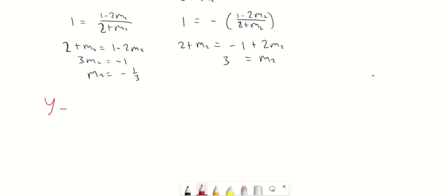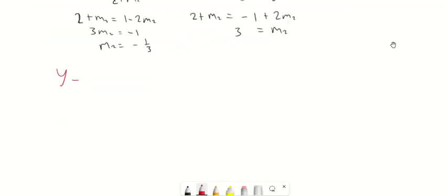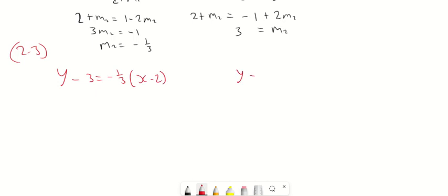So y minus y1, so sorry, the point was 2, 3. So y minus 3 is equal to minus a third times x minus 2. And then for the other one, y minus 3 again is equal to 3 times x minus 2. So just simplifying then.